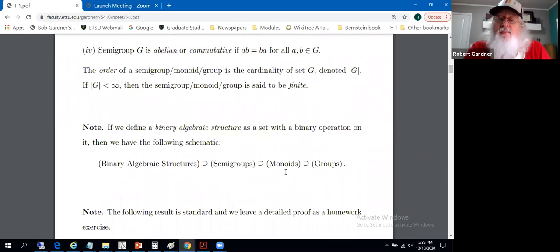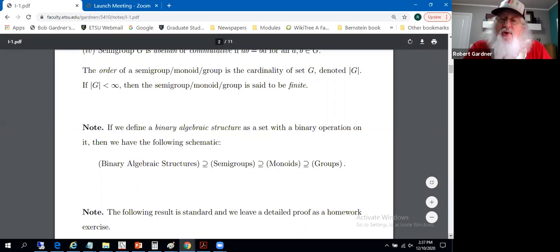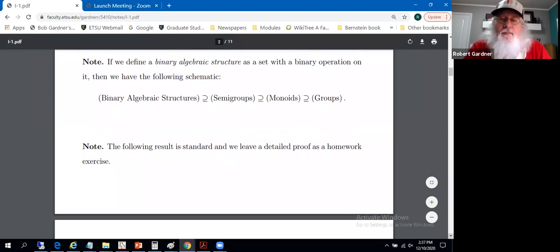Semigroups, in turn, contain monoids, which require associativity, and, as mono reminds you of one, have an identity. And in turn, monoids include groups. Groups have identities, groups have associativity, and groups have, for each given element, an inverse element. So we get these four algebraic structures, if you like. Our concentration really is on groups.